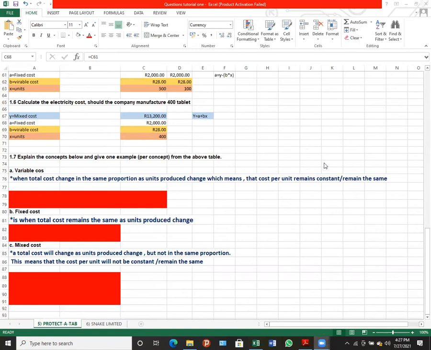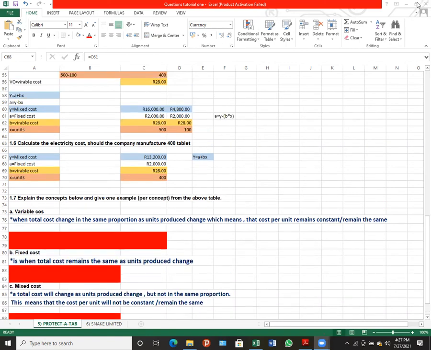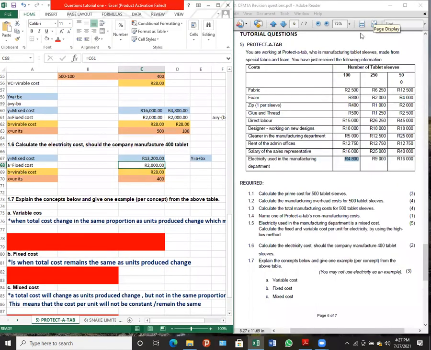Okay, guys. Here I'm going to explain the concept below. Variable cost, guys. A variable cost is when the total cost changes in the same proportion as the units produced, which means the cost per unit remains constant, remains the same. Anyone who understands this definition, what it means? Okay, can you please listen?